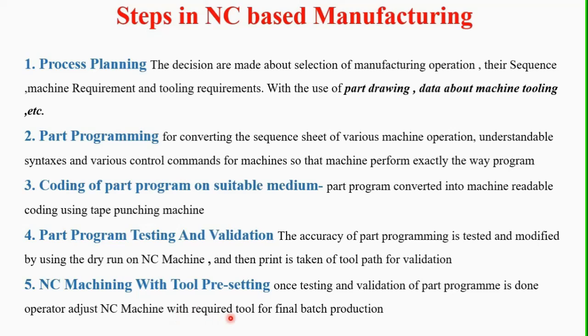After testing and validation, the operator adjusts the NC machine with the required tools for final batch production, or any adjustment required in the machine. The operator can adjust that with the help of the printouts of the program.